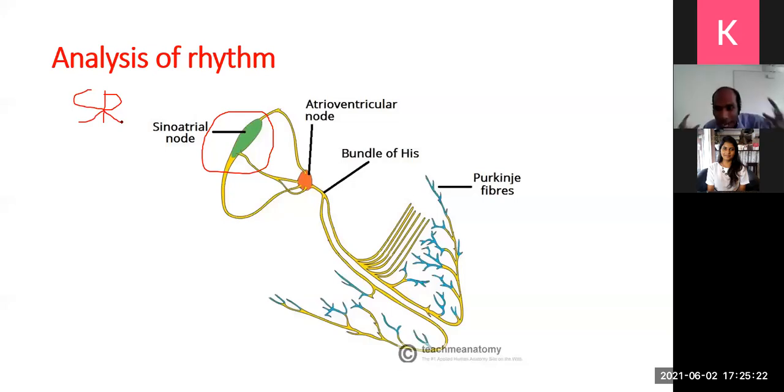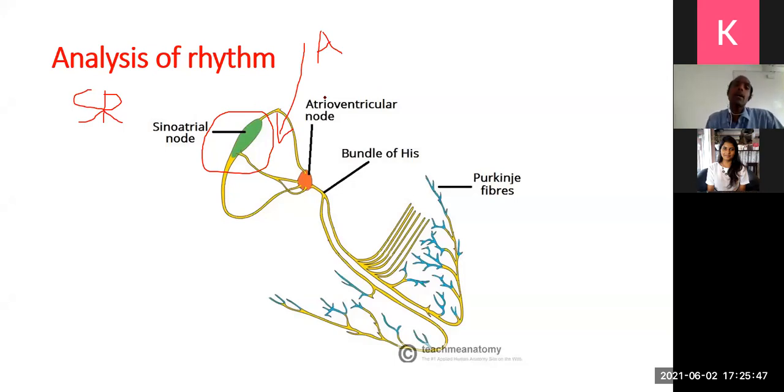If the main electrical activity is in the atrium, which is an abnormal situation, that is called atrial rhythm. So this is what's driving the heart now. Sinus may be working, but that's not material. The heart activity is driven by some abnormal activity in the atrium.